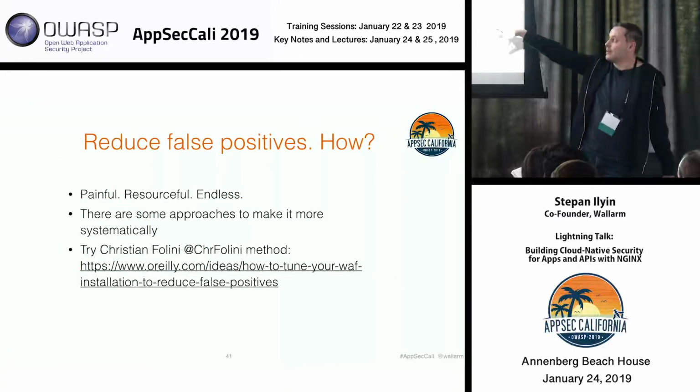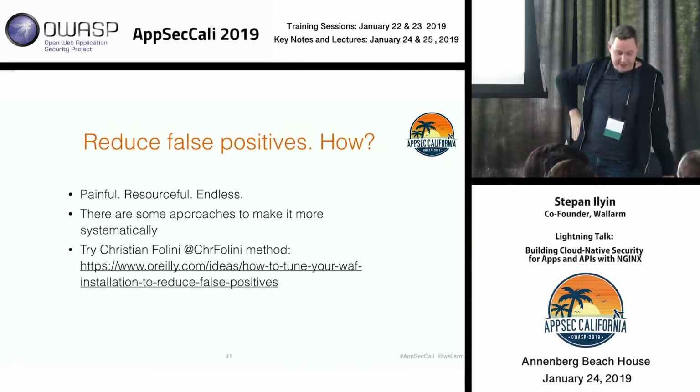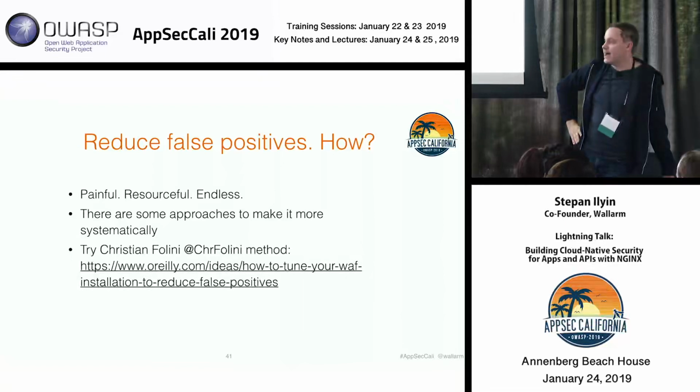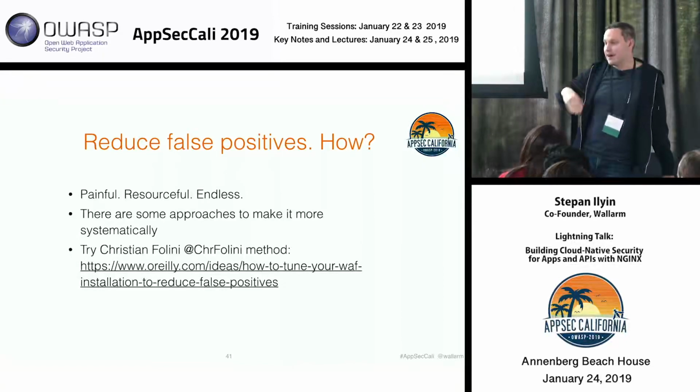Another approach I found very nice to try is the method by Christian Folini. What this guy basically does is grab all the ModSecurity log files, and then he runs basic statistics on all the events and sees how many events are within a certain threshold.